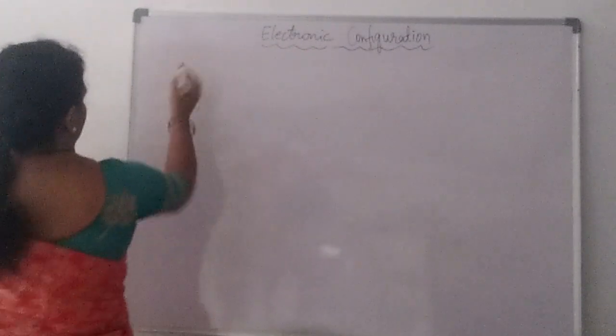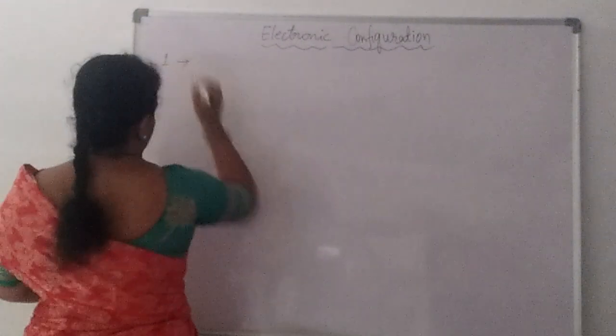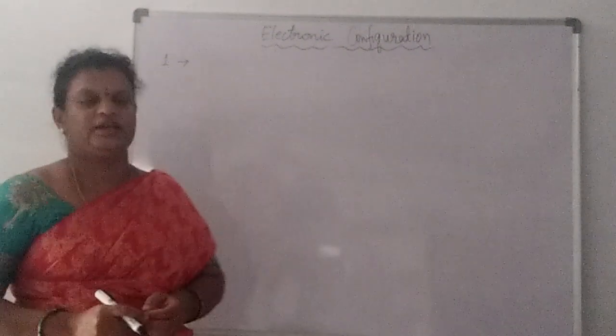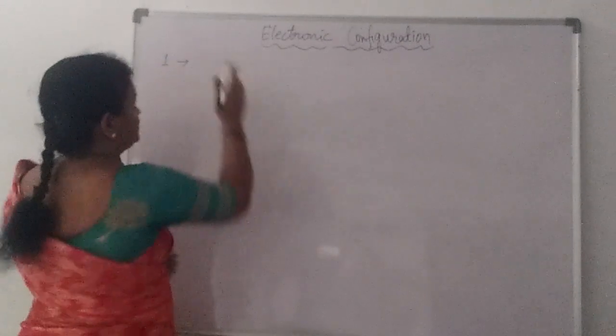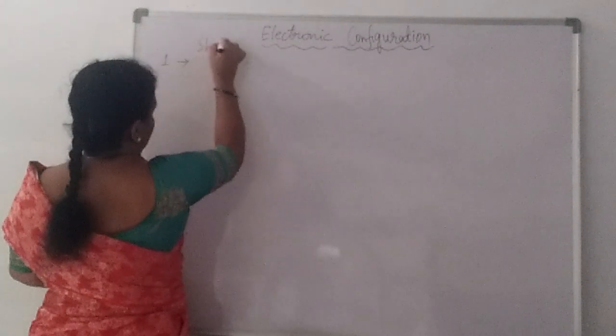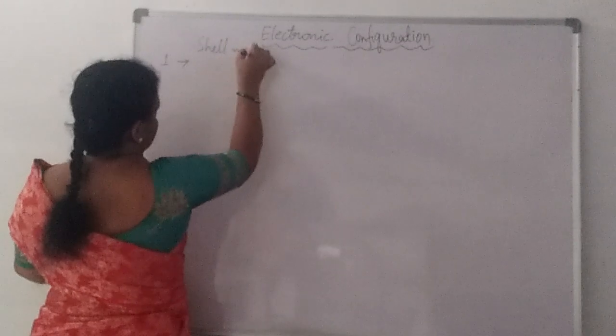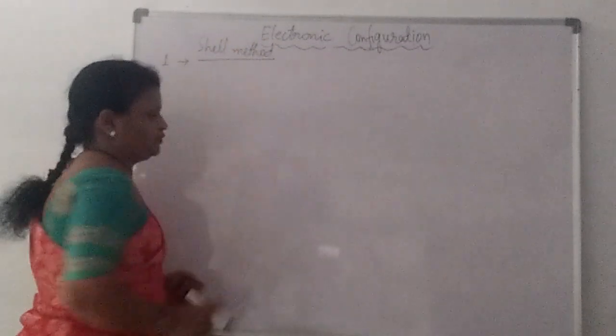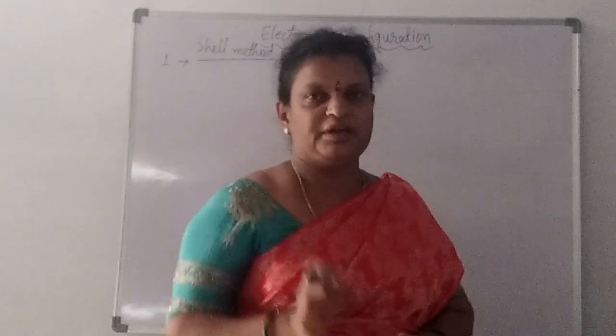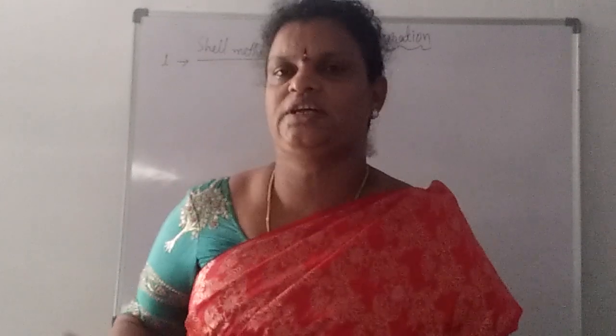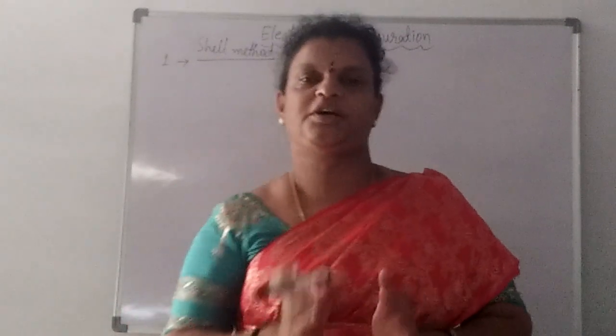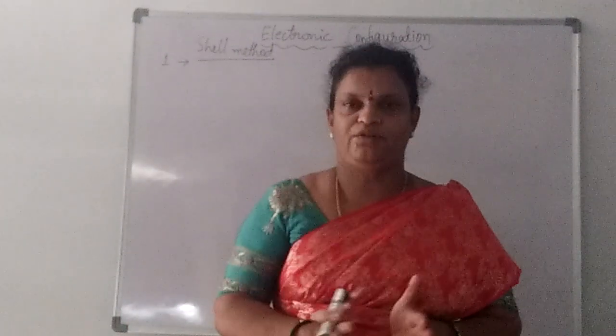So here we have an element with atomic number 1. How to write electronic configuration in shell method? Shell method means we write the number of electrons present in each shell, starting from the first shell onwards, because it is nearest to the nucleus.